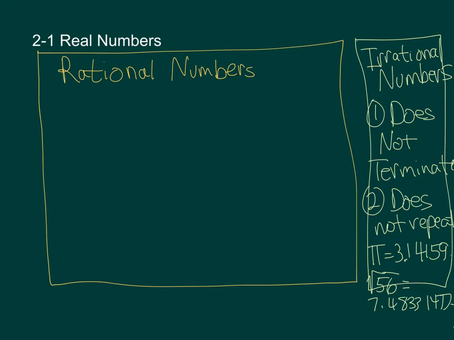Now, when we talk about the rational side, it might be easiest to work from the inside out. So we're going to start with natural numbers and put them in the middle. The natural numbers are the counting numbers, the numbers that you learned when you were little and first started to count: 1, 2, 3, 4, and on and on.